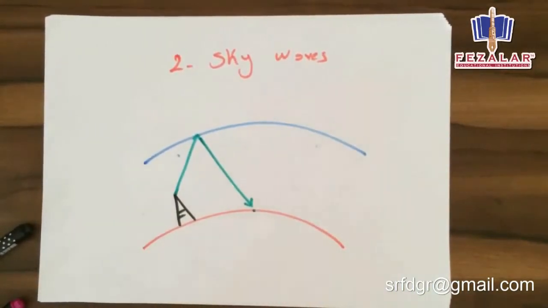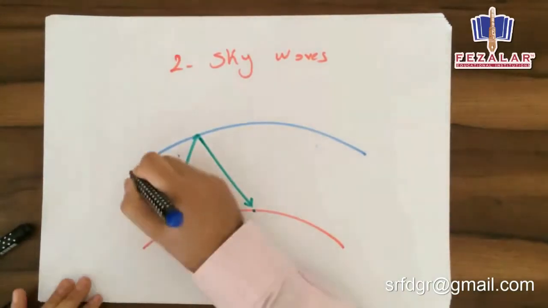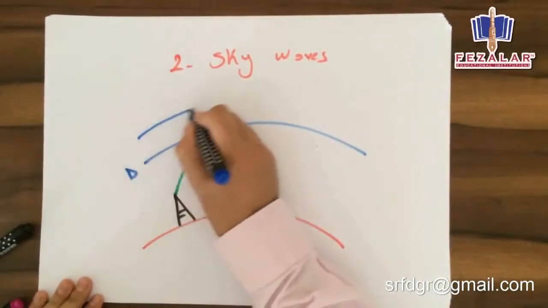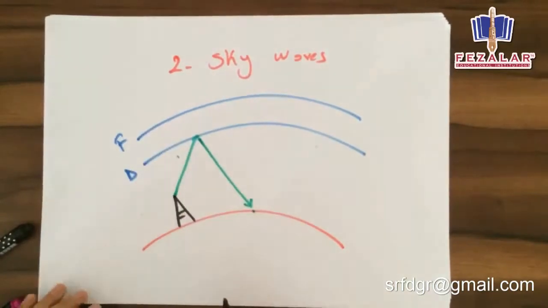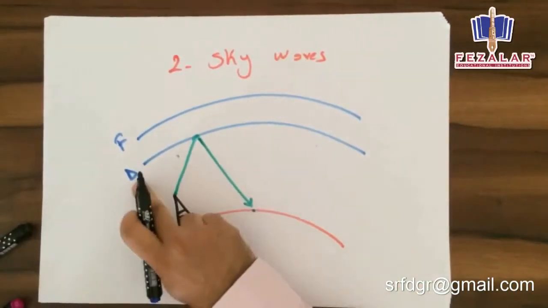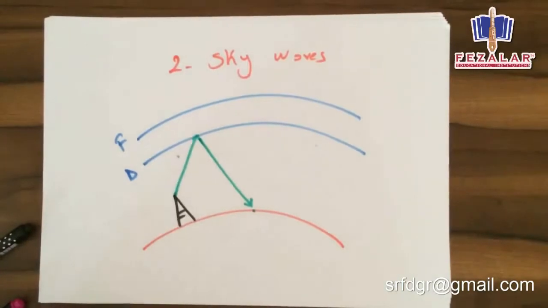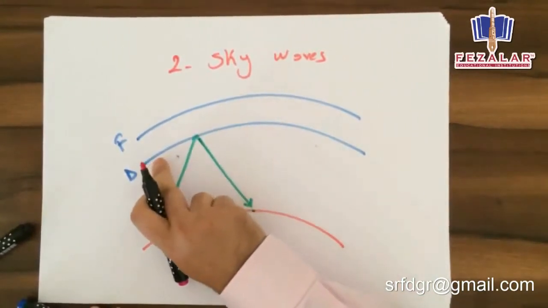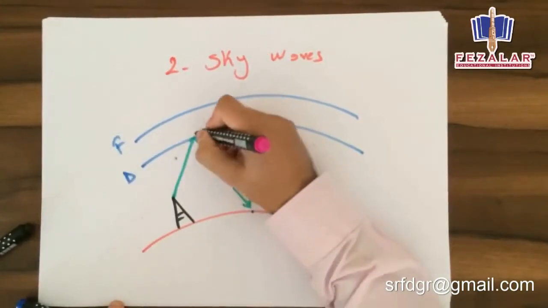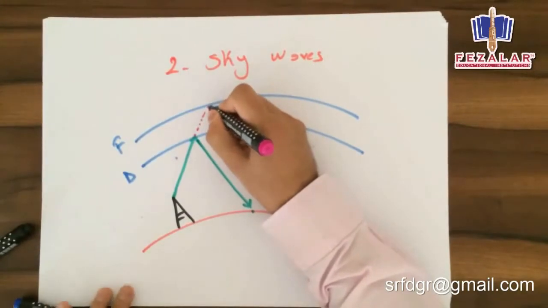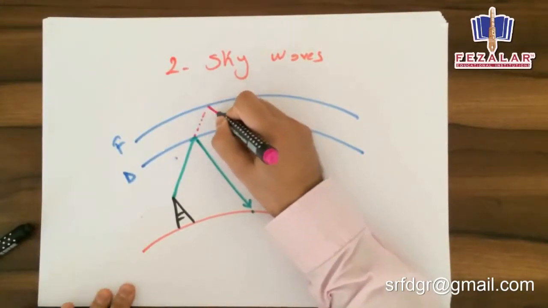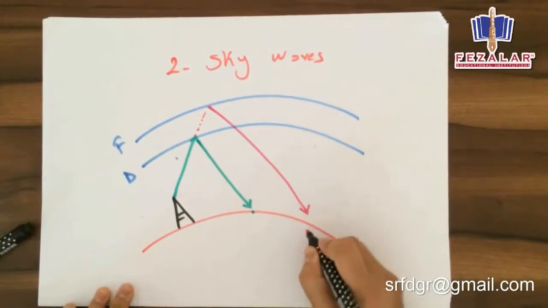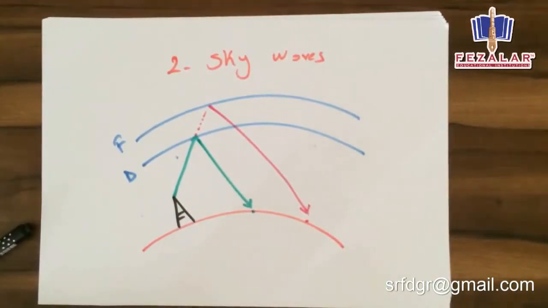But here there is an interesting thing. The ionosphere has two layers: the D layer and the F layer. During daylight, there is the D layer, but at night, the D layer disappears. So at night, the wave will not strike the D layer, it will strike the F layer and is reflected by the F layer of the ionosphere, and it can travel more distance.